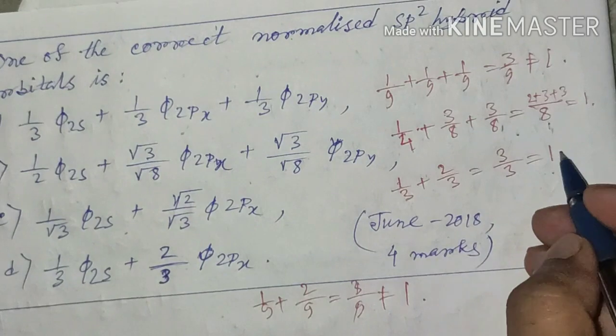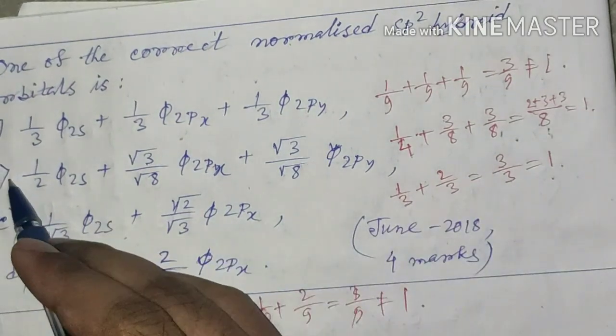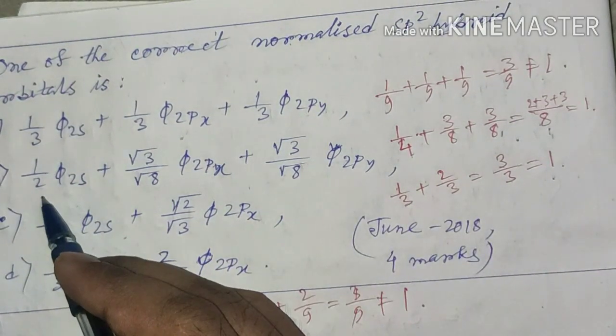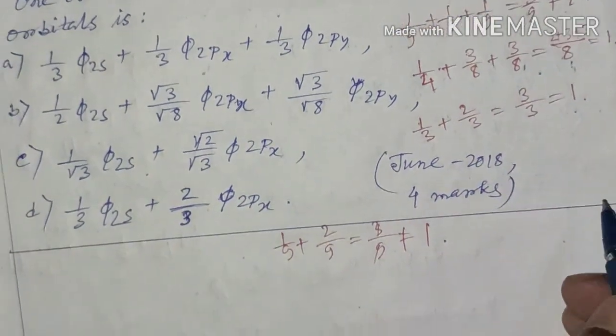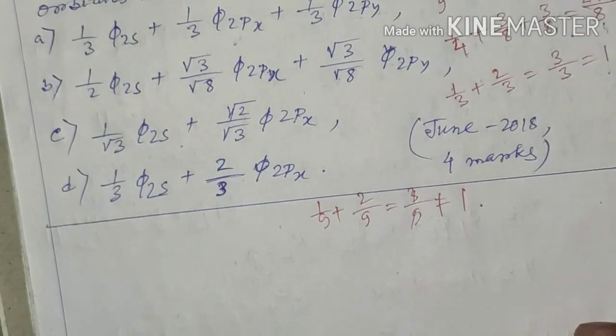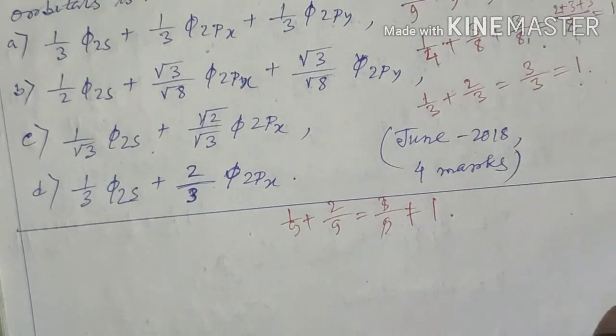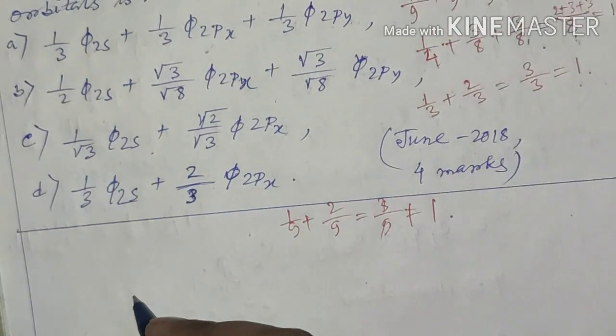That means we find that for B and C, the first condition is satisfied. Now we have to go for the second condition, the contribution of S and P character.